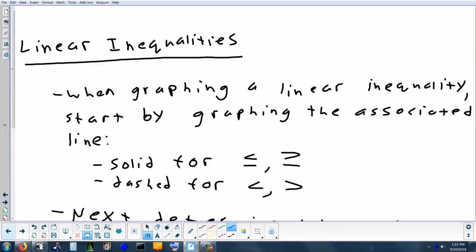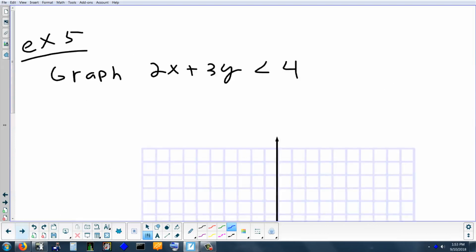So the last thing is a linear inequality. I'll do this one real quick because it'll only take me 60 seconds. But when you graph a linear inequality, there's two types of lines, solid and dotted, or dashed. If you have the equal to, you use a solid line. If you don't, you use a dotted line.